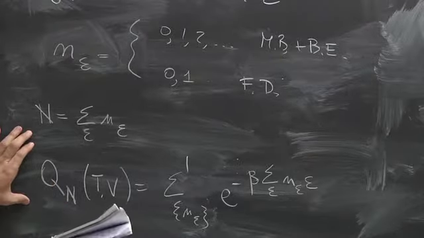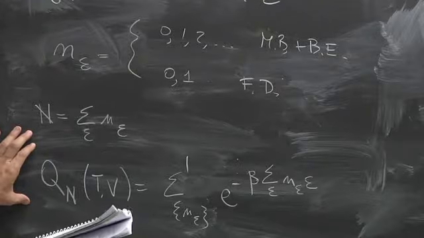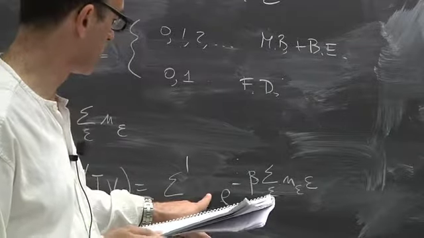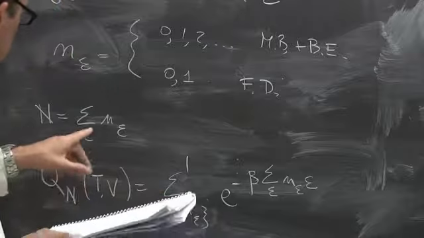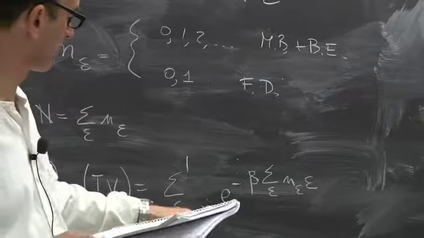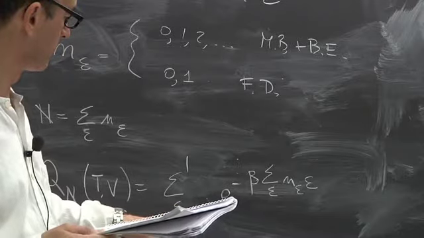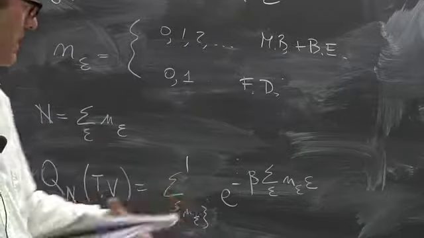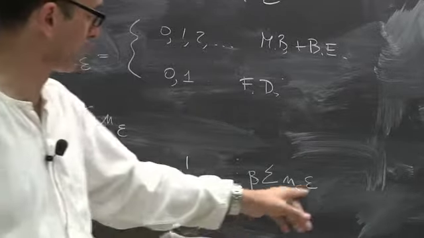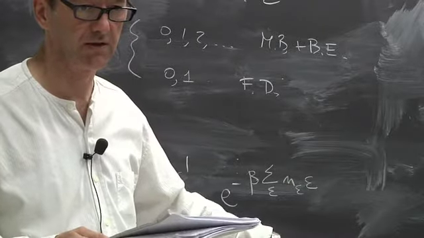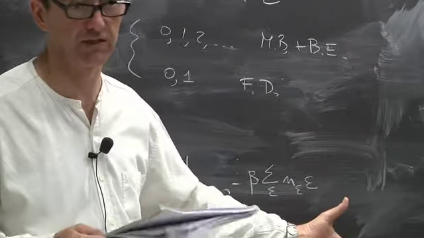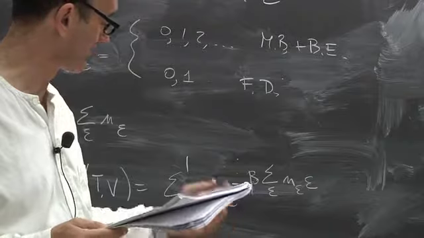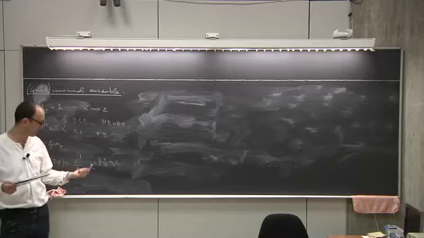If I want to compute this in the case of classical statistics, I should also remember the fact that a particular set of occupation numbers contributes, I should put a 1 over n epsilon factorial here because of the counting, because each set of occupation numbers does not correspond to just one state in classical statistics.